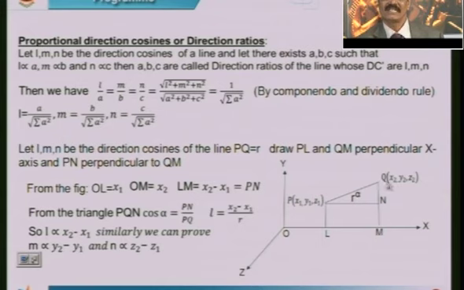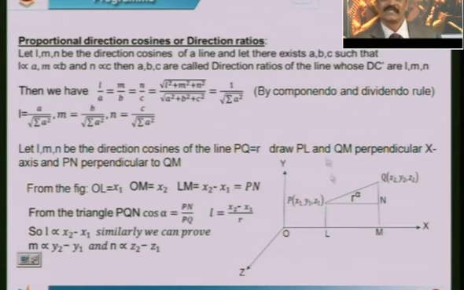That means the direction cosines of the line joining these 2 points are going to be x2 minus x1, y2 minus y1 and z2 minus z1. That is what you have to prove. Knowing these 2 points on the line, I can get the direction ratios and direction cosines. That is also very important while doing problems.